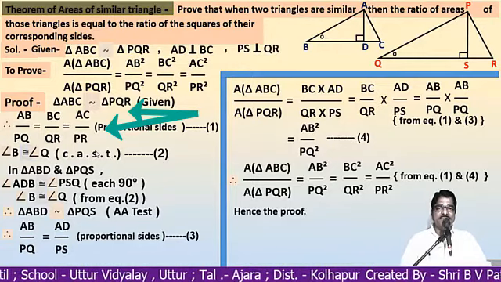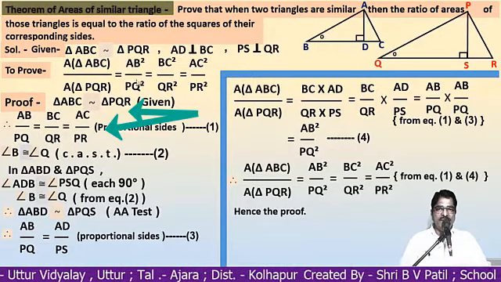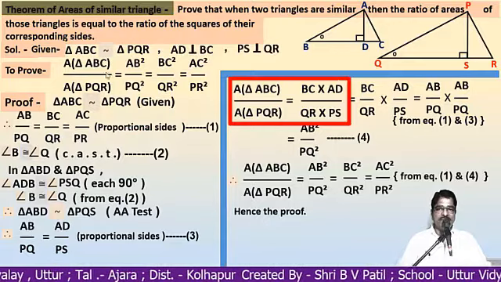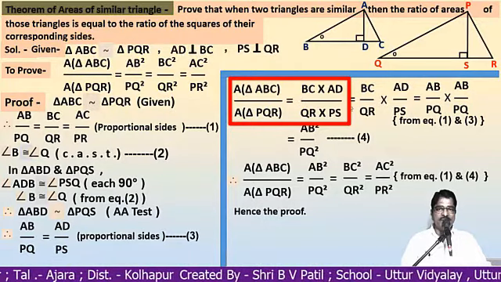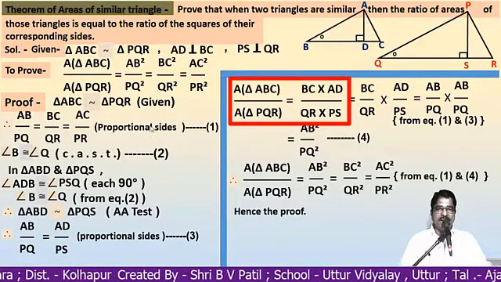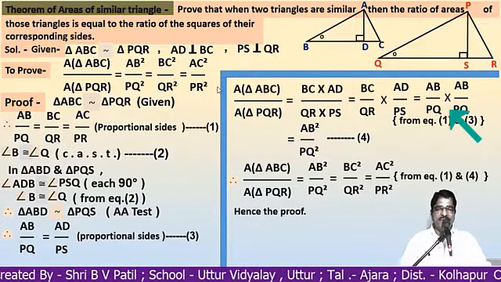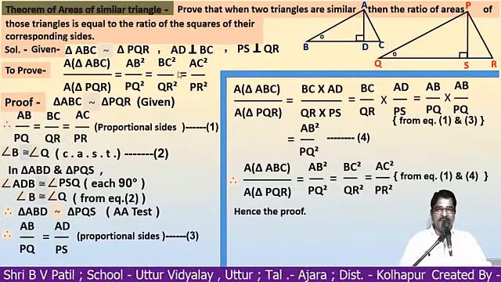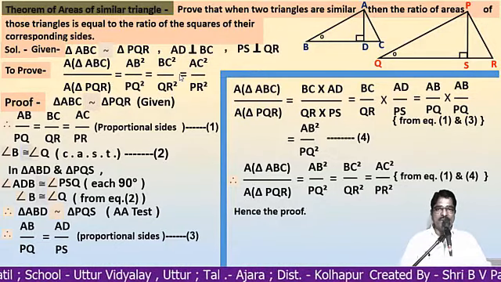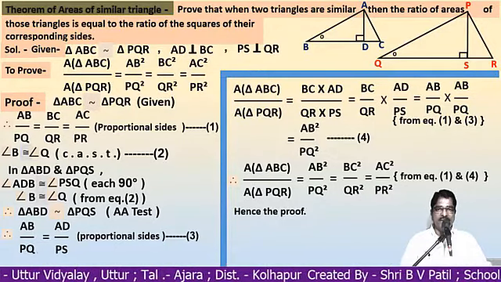That property we use here, and the property of ratio of areas of triangles we use here, and substituting values we get the answer. In this way we solve that theorem. You understand very well.